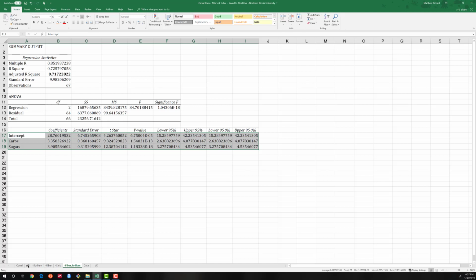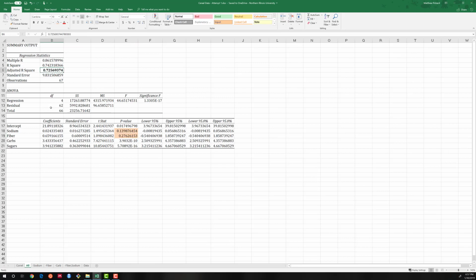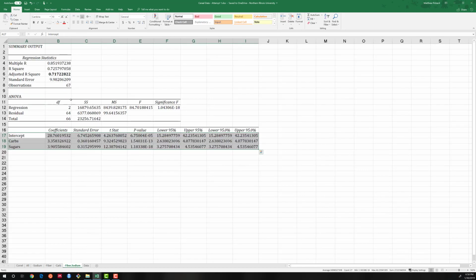We could also make the case that since this had the highest adjusted R squared, we could keep them all in there. And it's really a business decision. So in this class, a lot of times I'll just have you maximize the adjusted R squared. So the full model with all of them would be acceptable, and the fiber and the sodium would be acceptable.